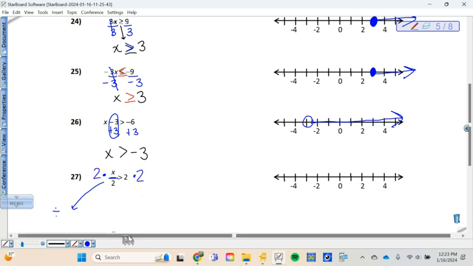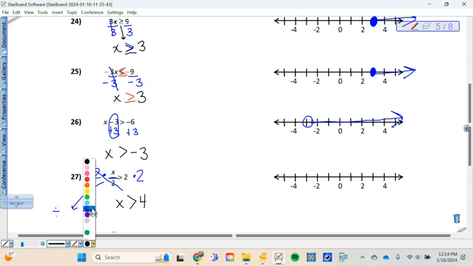Multiply both sides by 2, because that will cancel out those 2's, and that leaves x all by itself. Did I multiply or divide by a negative number? No. So my inequality stays the same. And then I just multiply over here. 2 times 2 is 4.